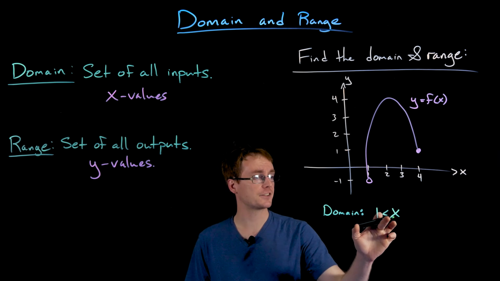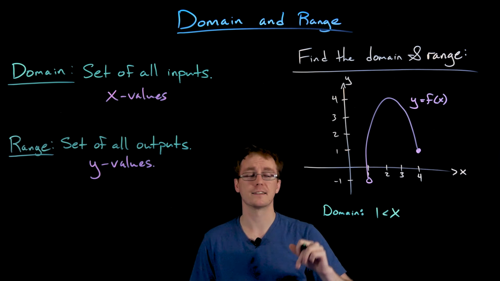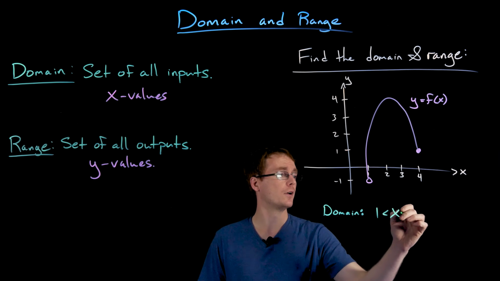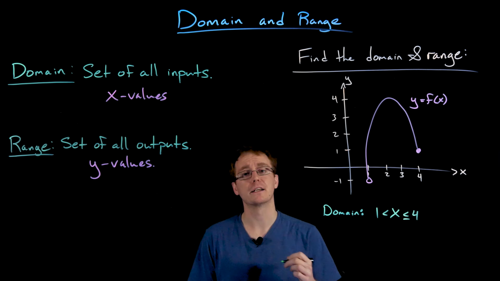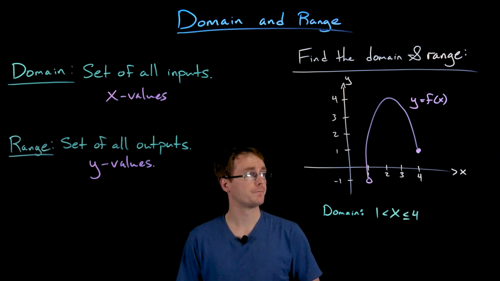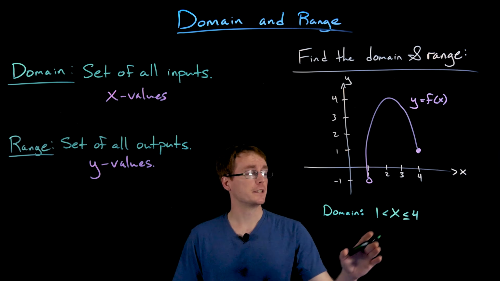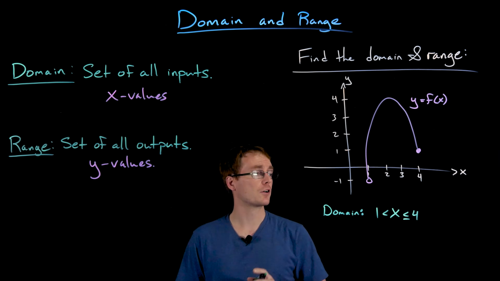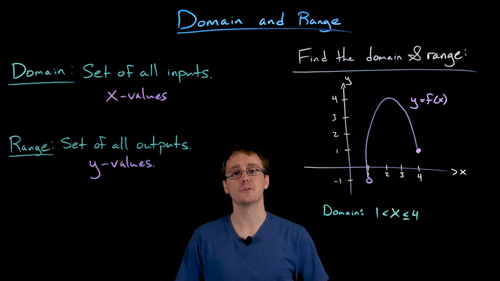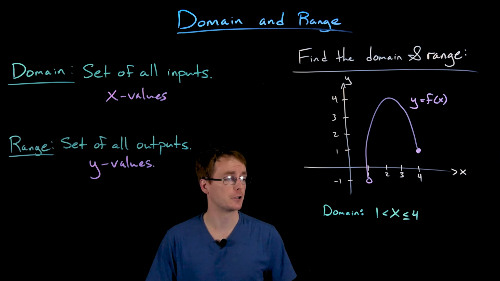Here this is saying that x is greater than 1, or that 1 is less than x. And we also know that x can go up to 4 and also include 4. So the domain of this function is going to be the set of x values that are strictly bigger than 1 and are less than or equal to 4. We can describe it in one interval here using a single compound inequality.